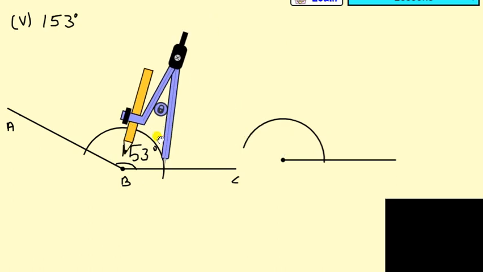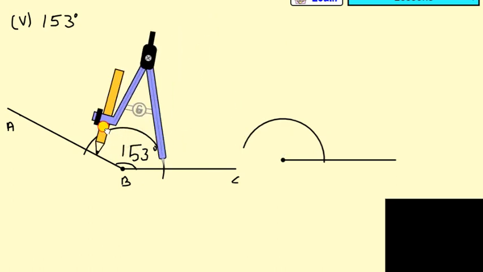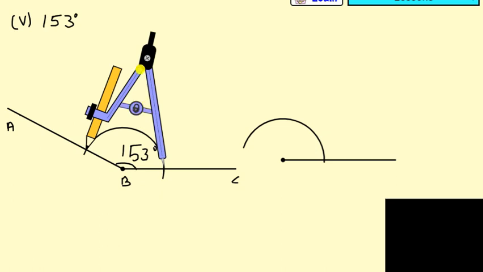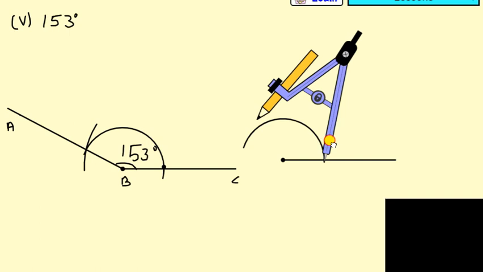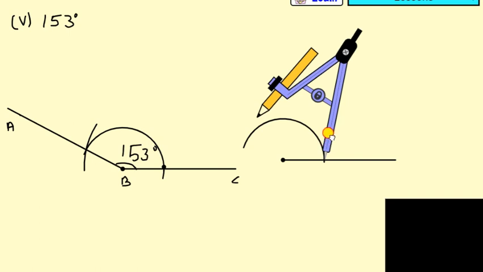Let us see with the help of the protractor. Keep the protractor here and measure. That is 126 degrees. So it is very clear.